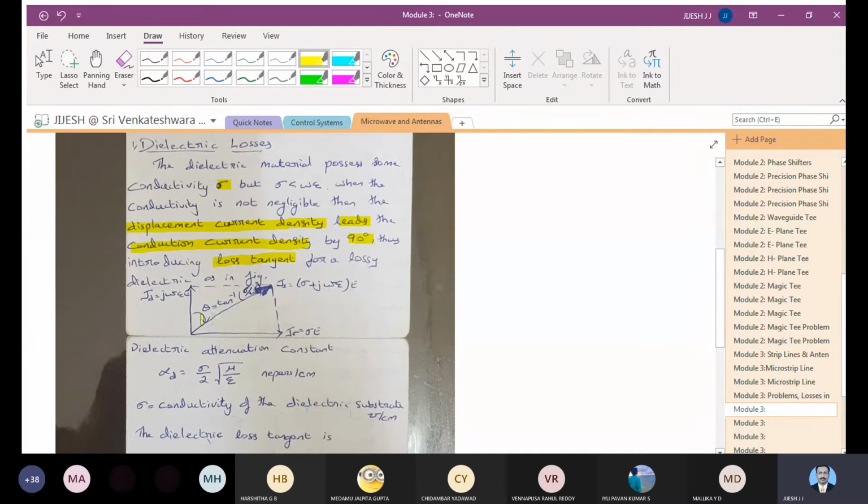You can see that J sigma is sigma E, and JD is j omega epsilon E, and you have that theta here. The theta component is tan inverse of sigma by omega epsilon.